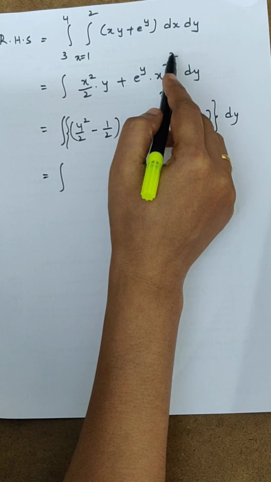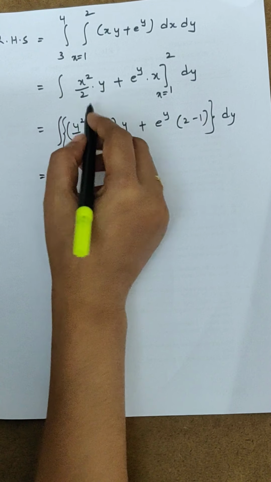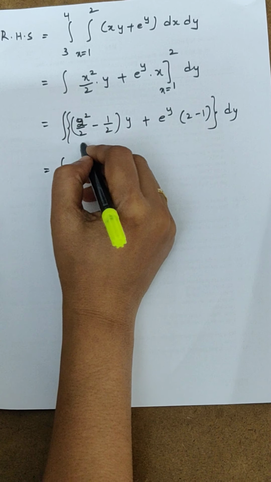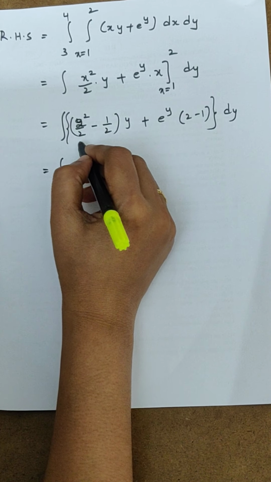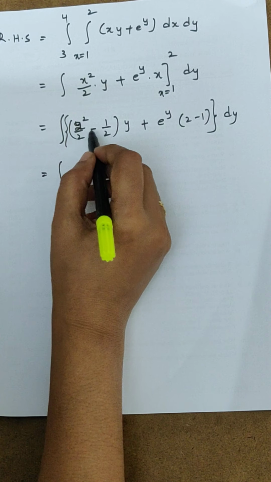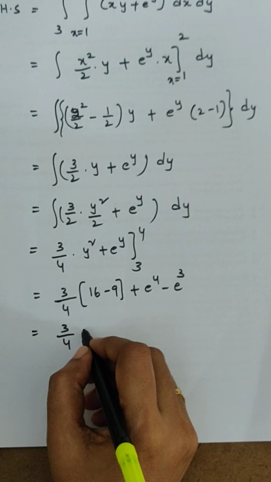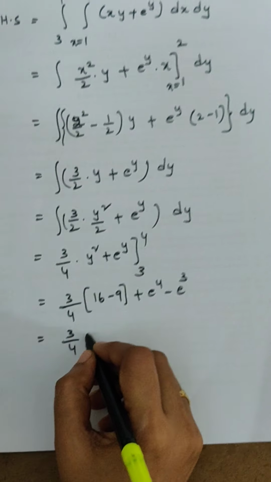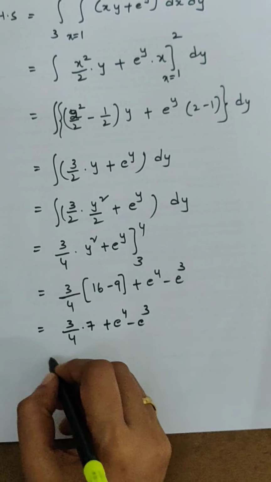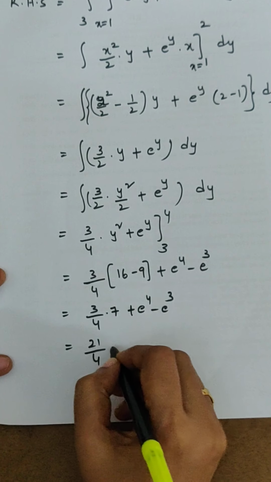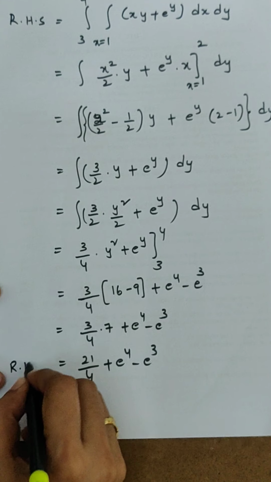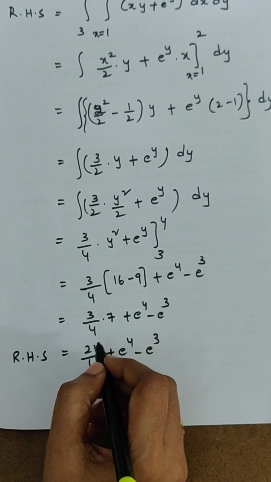Limits are 1 to 2, means 4, 2 square 4. 4 by 2, 2 minus 1 by 2. On doing the simplification, you will get 21 by 4 plus e^4 minus e^3. This is the RHS part integral evaluation.